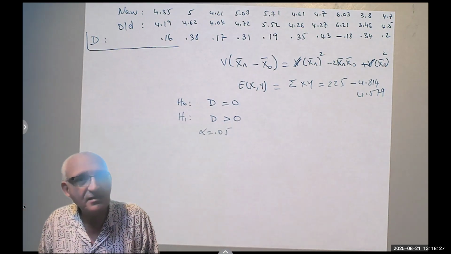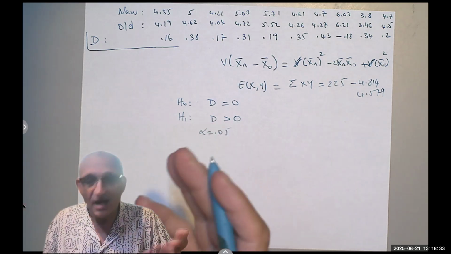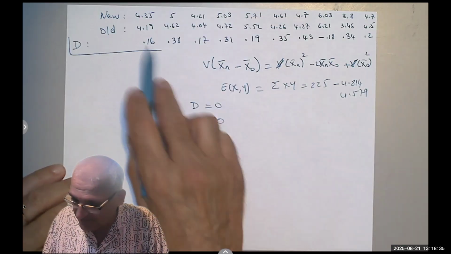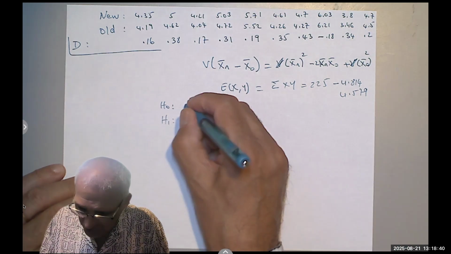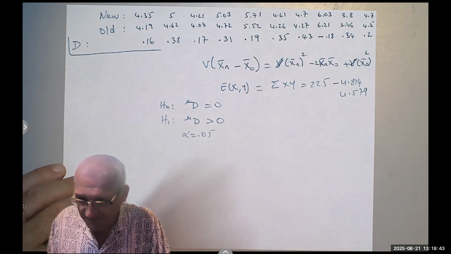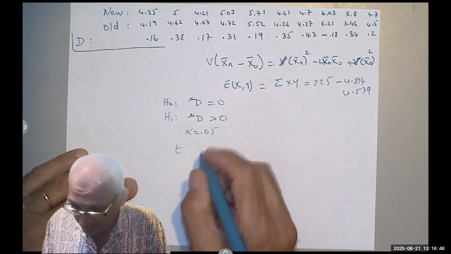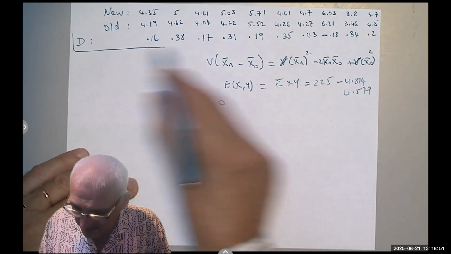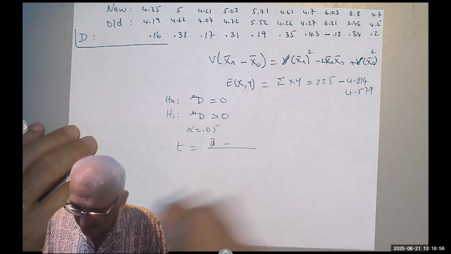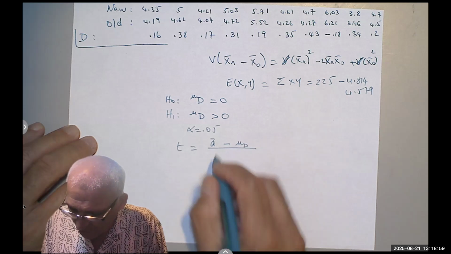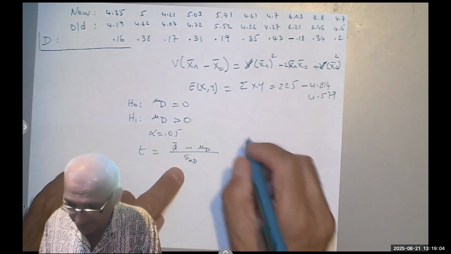But guess what? This is exactly like the 1T test now. I have 10 values and I want to check if the average is the mean 0 or greater than 0, right? So this would be mu d, of course. I will use the t statistic, and my t would be the average d bar minus mu d over the standard deviation of d bar, which is s over root n.